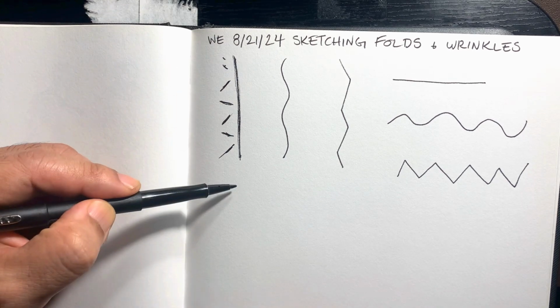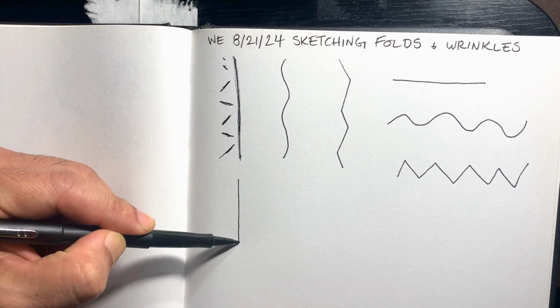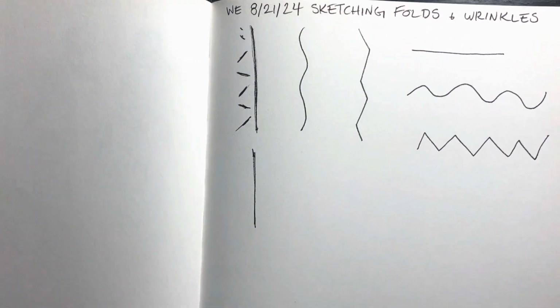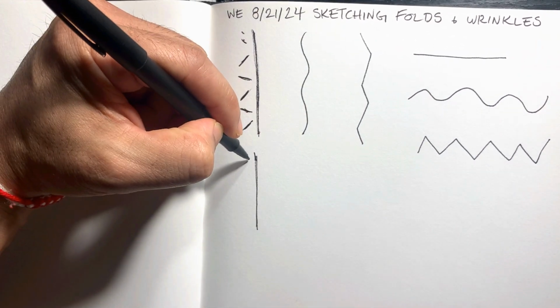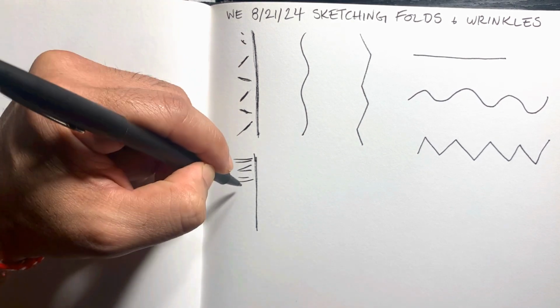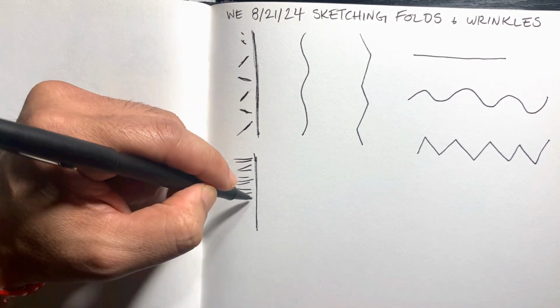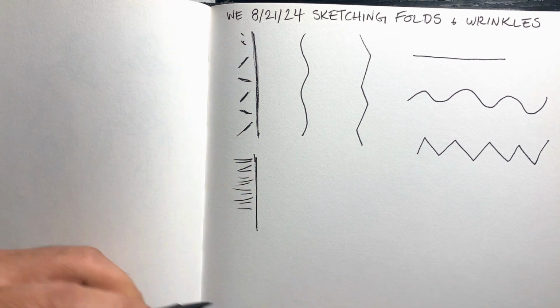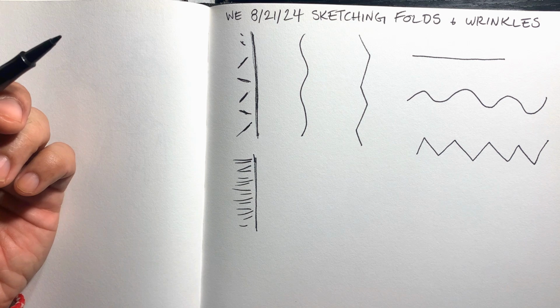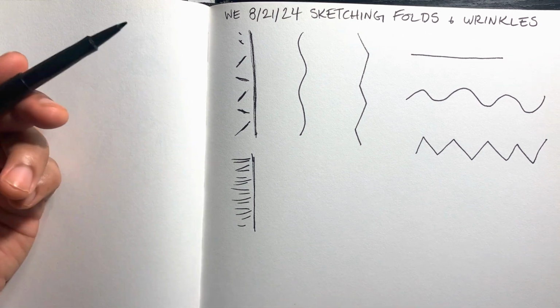Sometimes you could have the same kind of contour, and then the wrinkles could be more parallel, depending again on the fabric itself. So you could have that.